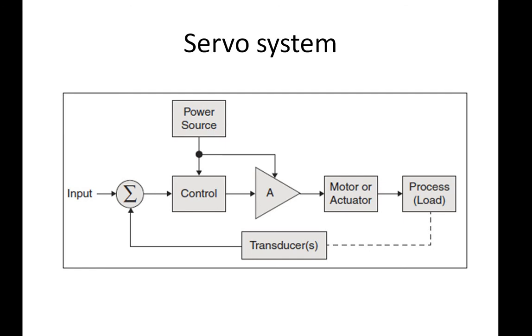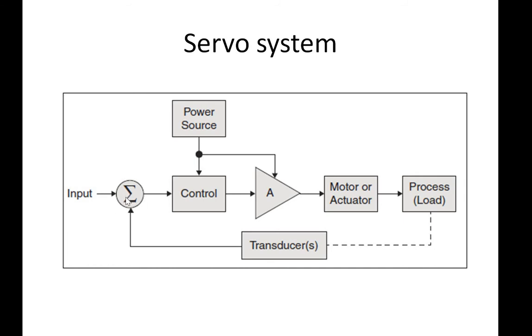Here you can see that the first thing is the input. The input goes to the controller. You can ignore this for right now. From the controller there is the decision maker, and it is directly connected to the actuator and then the process. Here the process is a load. This load is detected by the transducer, and the transducer gives the feedback to the input device.